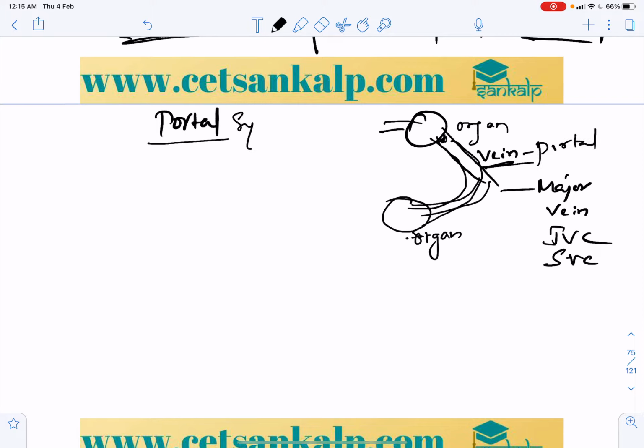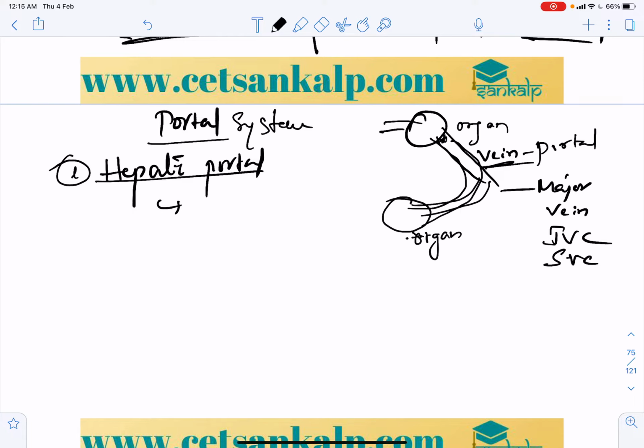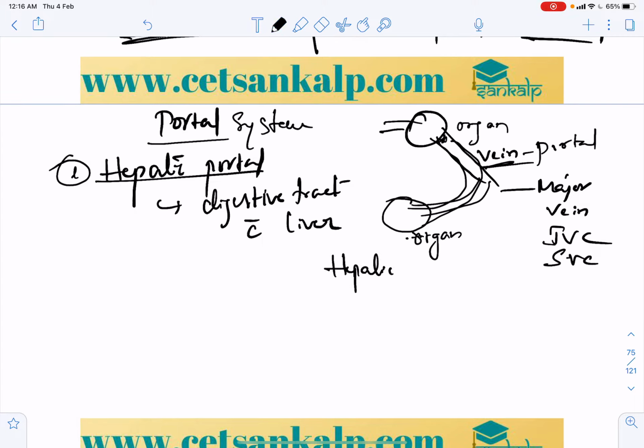Generally there are three types of portal systems. One is the hepatic portal system, which connects the digestive tract with the liver. The hepatic vein, not a renal vein, generally collects deoxygenated blood from the liver.